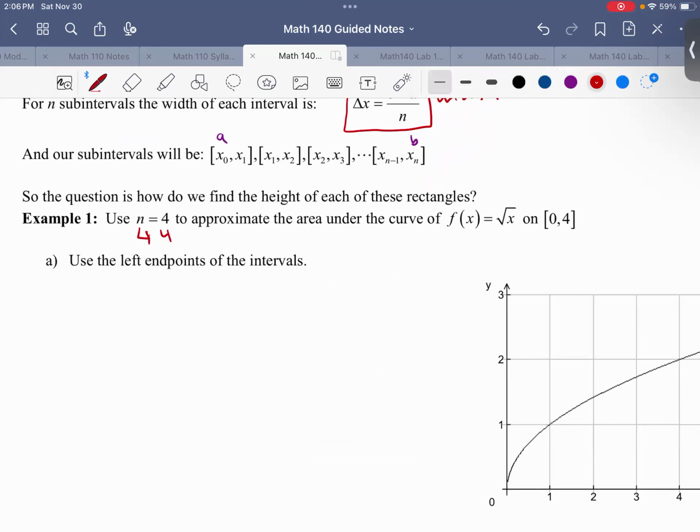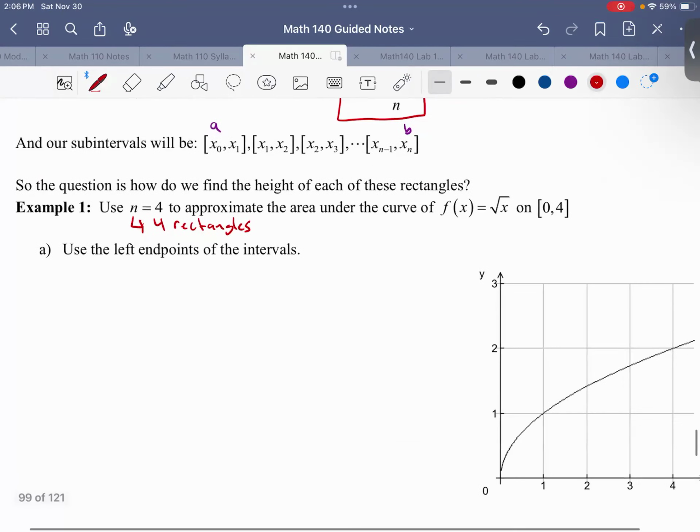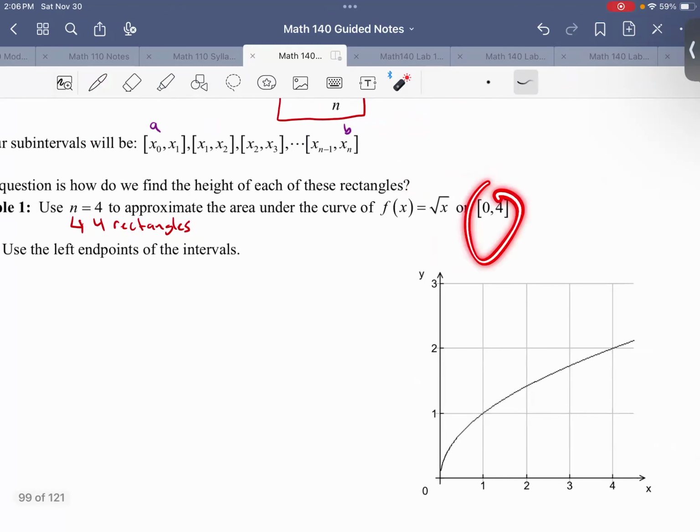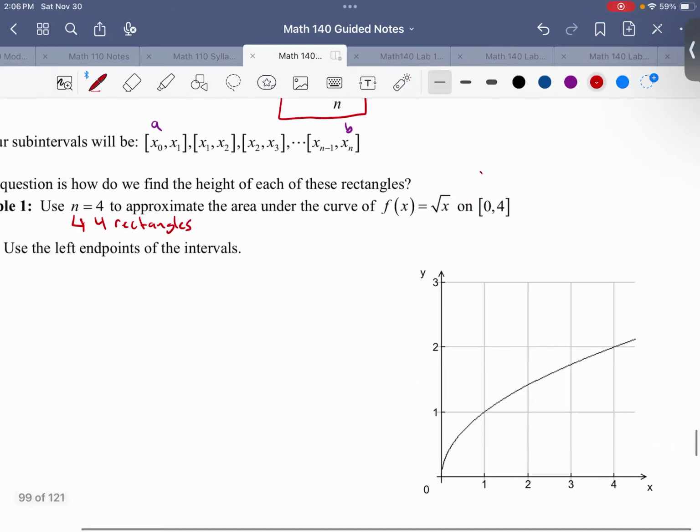That means 4 rectangles. The question wants us to use 4 rectangles to find the area under the curve of the function f of x equals square root of x on 0 to 4. So the 0 to 4 is our A to B.